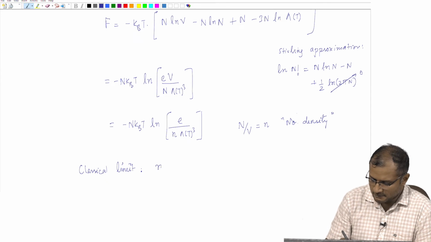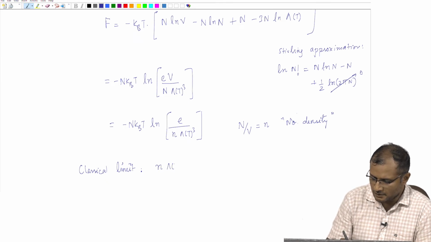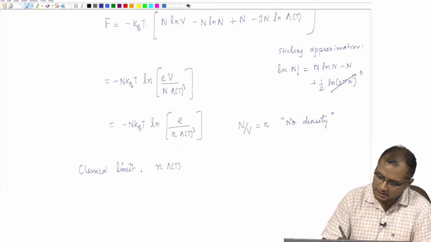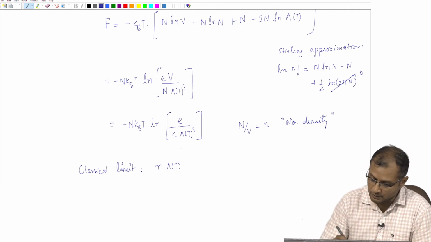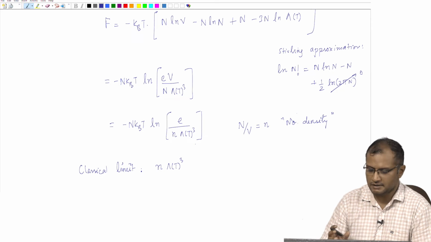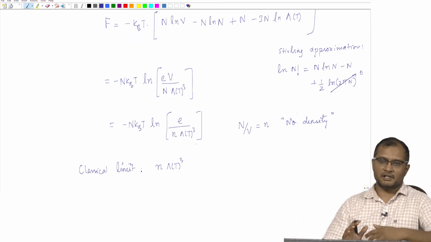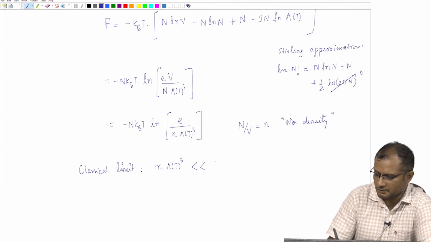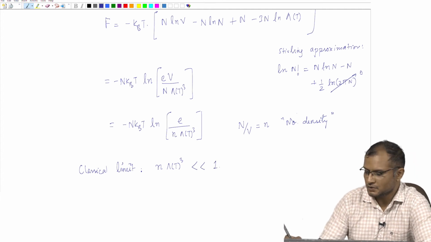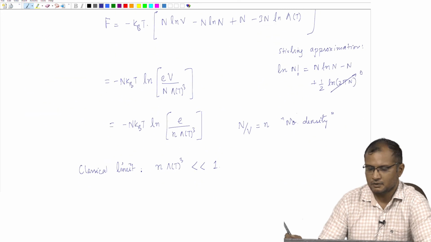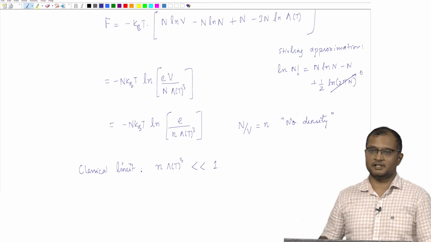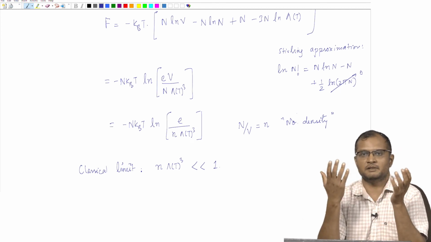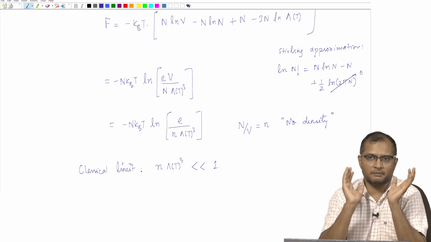So, the classical limit is when you have density very low and the de Broglie wavelength very low. So, n lambda cubed, which is a beautiful dimensionless number, is much smaller than 1. Okay. As we have already seen in quantum statistics, when this dimensionless number is of the order of 1, that is the onset of quantum mechanics, and when it is much larger than 1, you are definitely quantum mechanical.